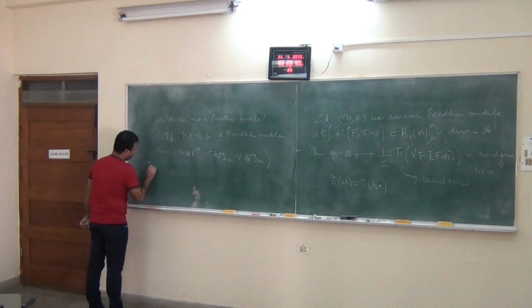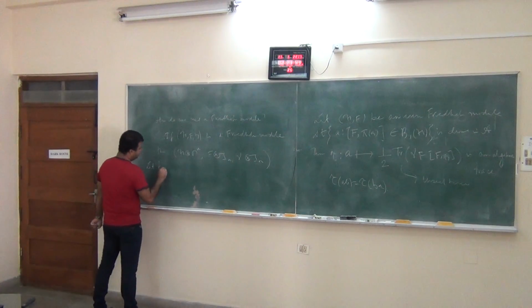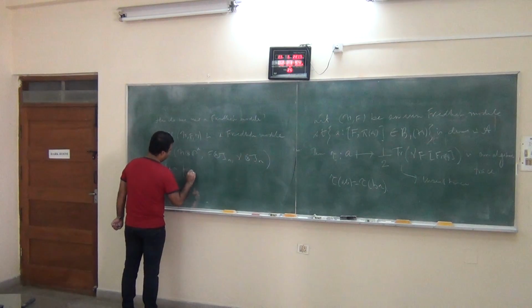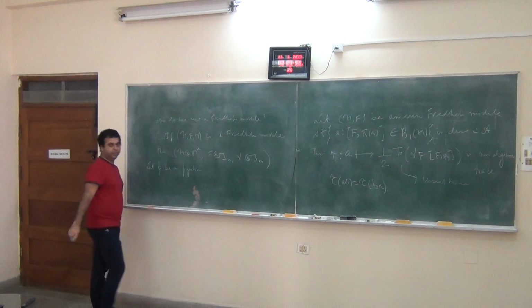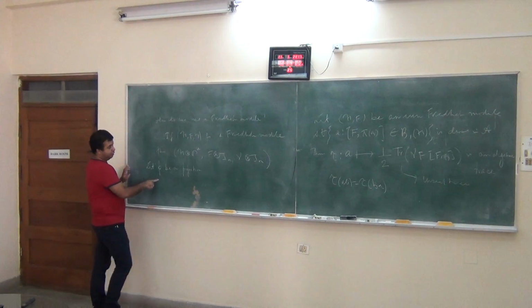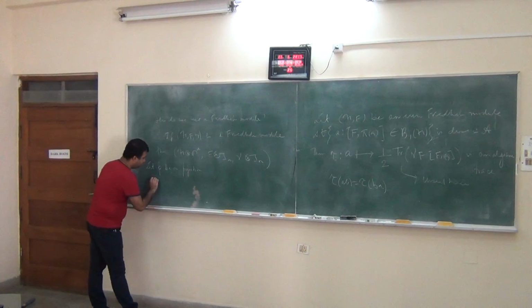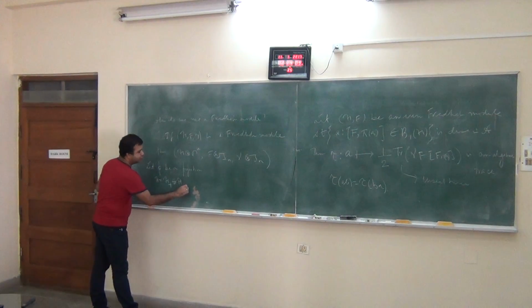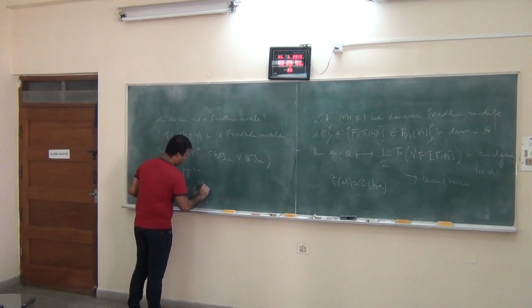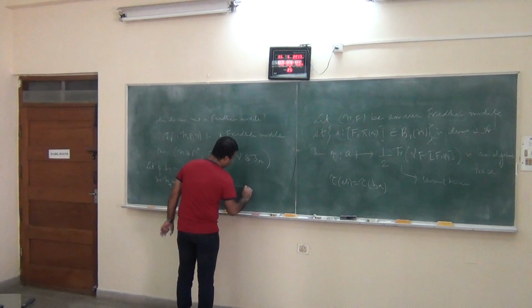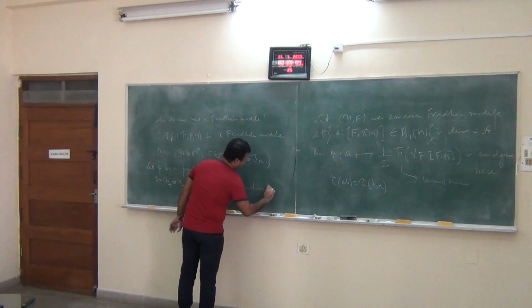So let P be a projection. Then H decomposes as a direct sum of two Hilbert spaces, H plus and H minus, the plus minus 1 eigenspaces of gamma.